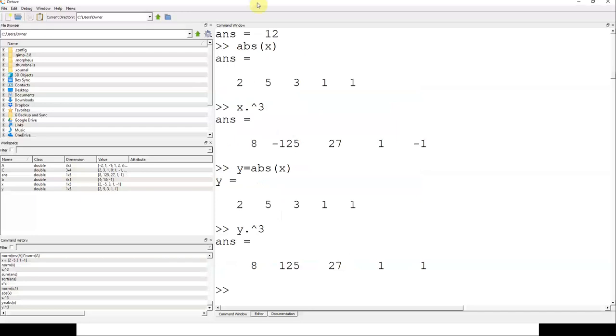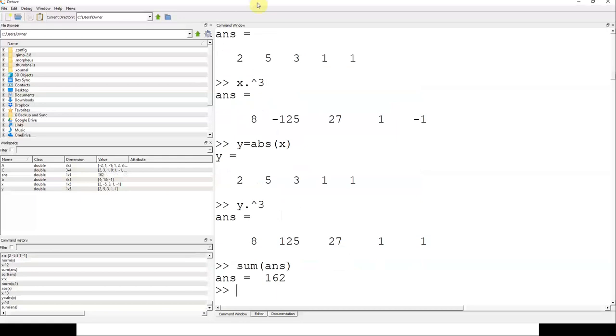And I'm going to add everything together. It's saved here. Sum. Let's go up to sum. Oh, the answer is there already. Good. And then I take the cube root of that, right?